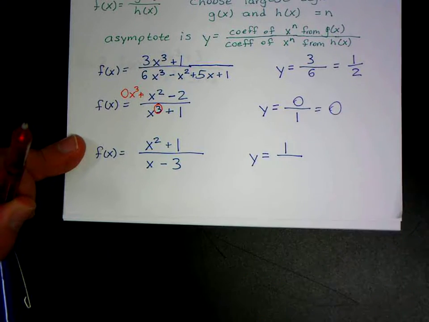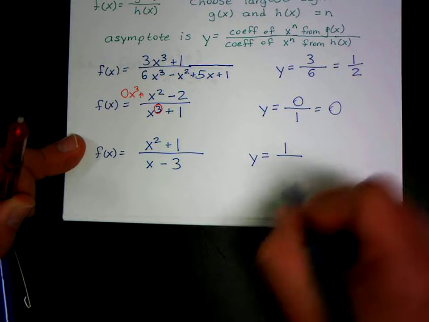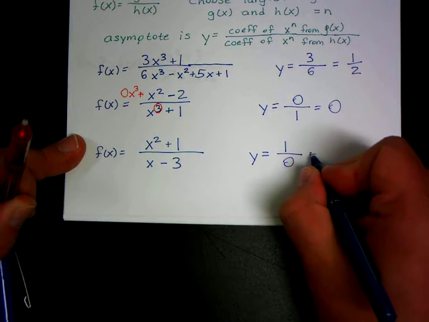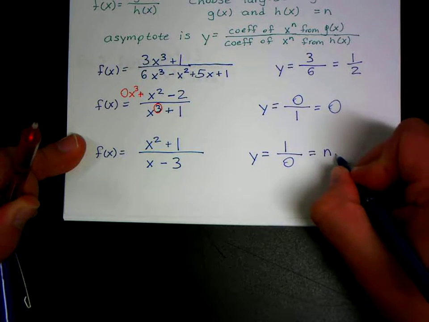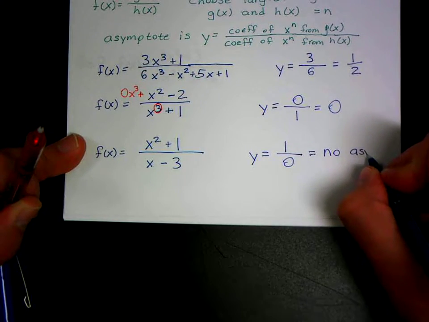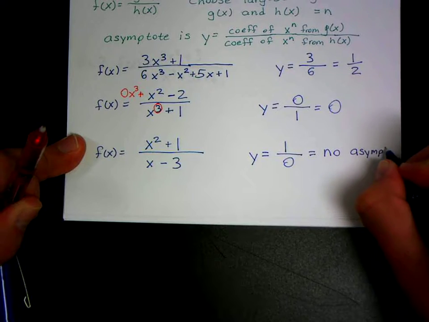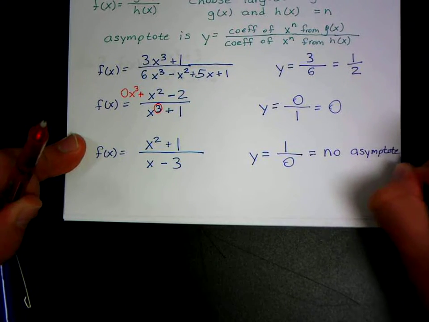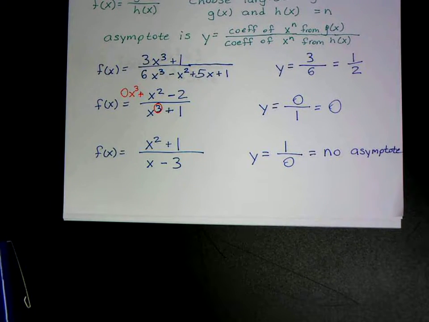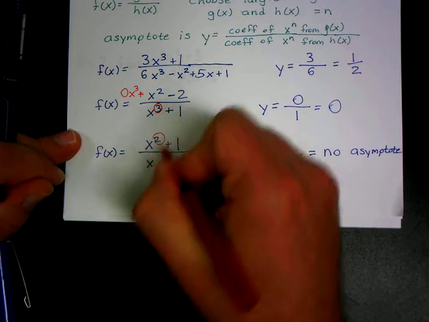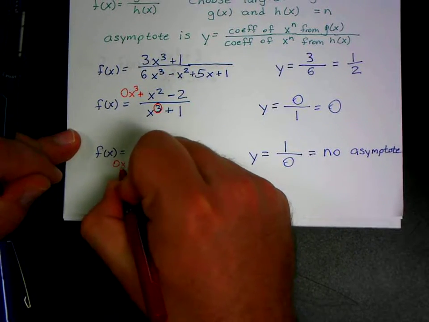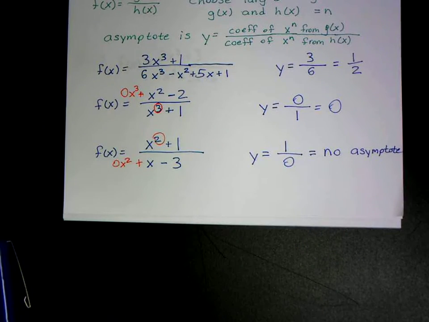What's the number in front of x squared on the bottom? Okay, so that's how I take their three rules.